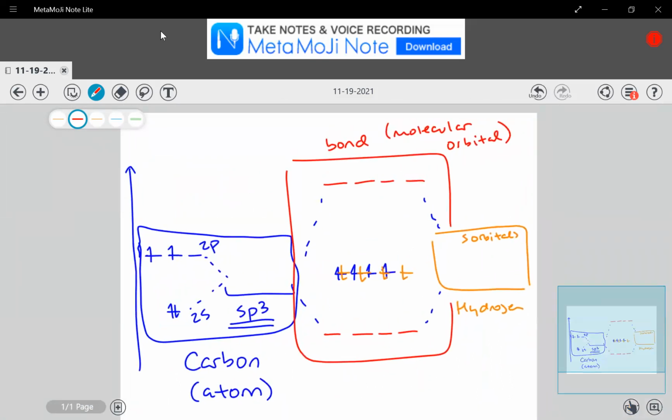However, in the land of bond or molecular orbital, after the carbons and hydrogens have collided and their sp3 and s orbitals have combined to create a bond, they faced a problem.